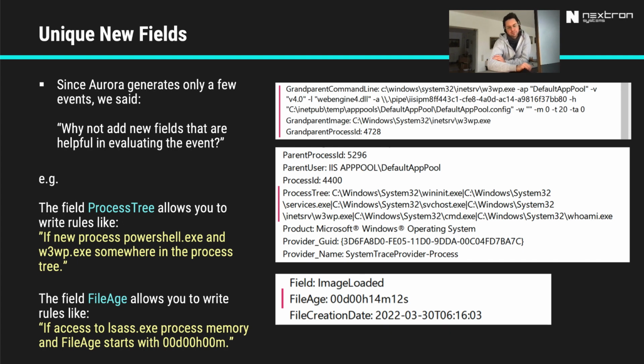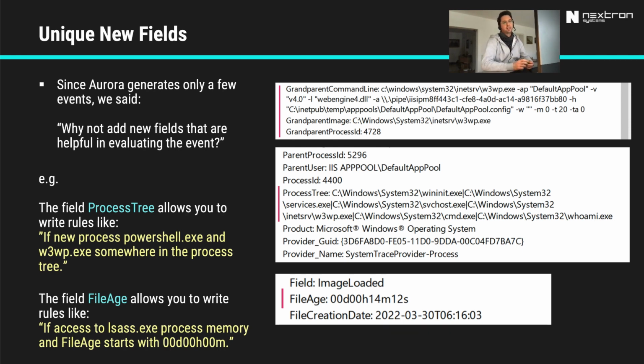Unique new fields. Yeah, we thought, if we generate only a few events with Aurora, wouldn't there be information lost? Or shouldn't we add as much information as possible to these few events, so that analysts can evaluate the complete event just from a single event?